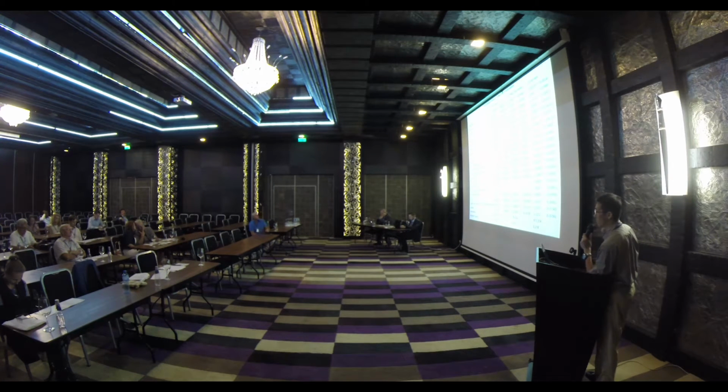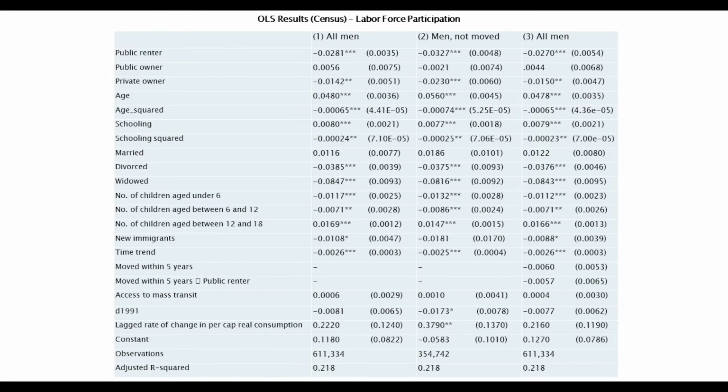So running OLS, we get these results. Perhaps we can first focus on the results from the entire sample. To save time, I want to focus on the first row. For all men, the labor market participation rate of public renters is indeed lower by almost 3 percentage points.